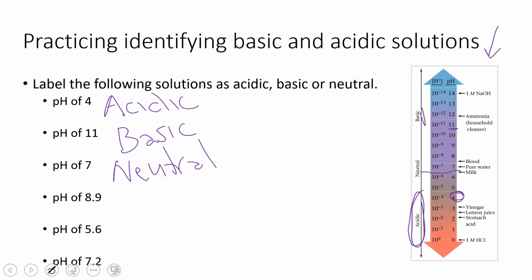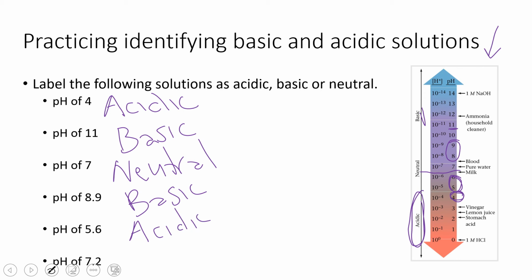Oftentimes we think of these pHs as whole numbers, 4, 11, 7, but we can have decimal points. We're going to figure out how we get those decimal points in just a little bit, but let's look here. If I have a pH of 8.9, that is between 8 and 9, which again puts me in a basic category. If I have a 5.6, we're between 5 and 6, which is an acidic category.